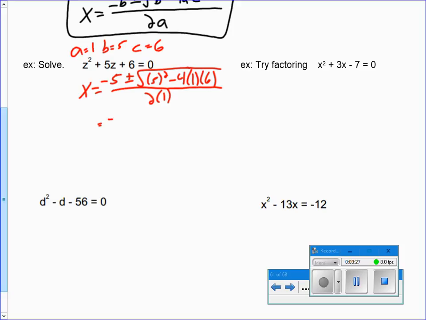So minus 5 plus or minus. Inside here we're going to square first, so 25. And we can multiply these out. Negative 4 times 1 is negative 4. Times 6 would be negative 24. And 2 times 1 is 2. So we'll keep simplifying. Negative 5 plus or minus square root 25 minus 24 would make 1 over 2.